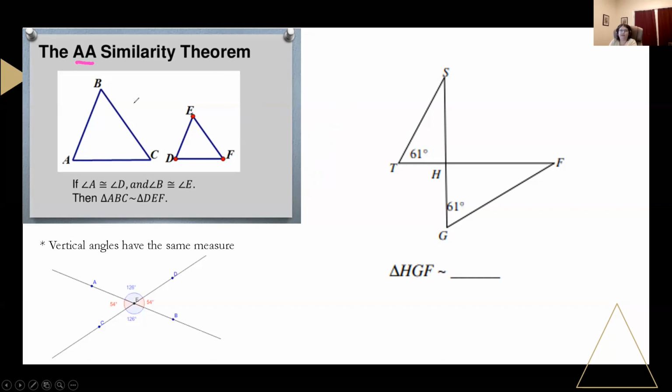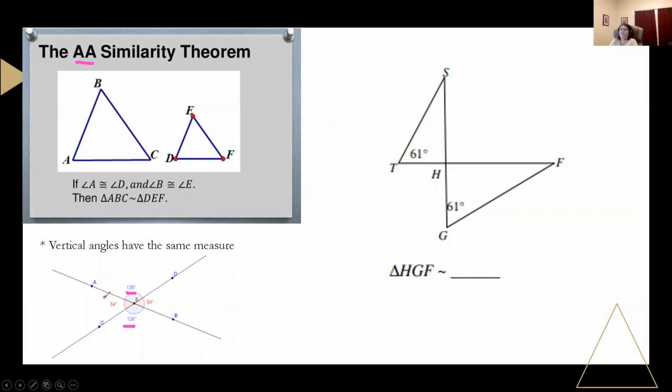Okay, did I confuse anybody yet? No. Okay. Now, do you see here I have a little star? Angles that are vertical, like you have scissors or you have an X, the ones that are across are always the same measure. See how both of these are 126?